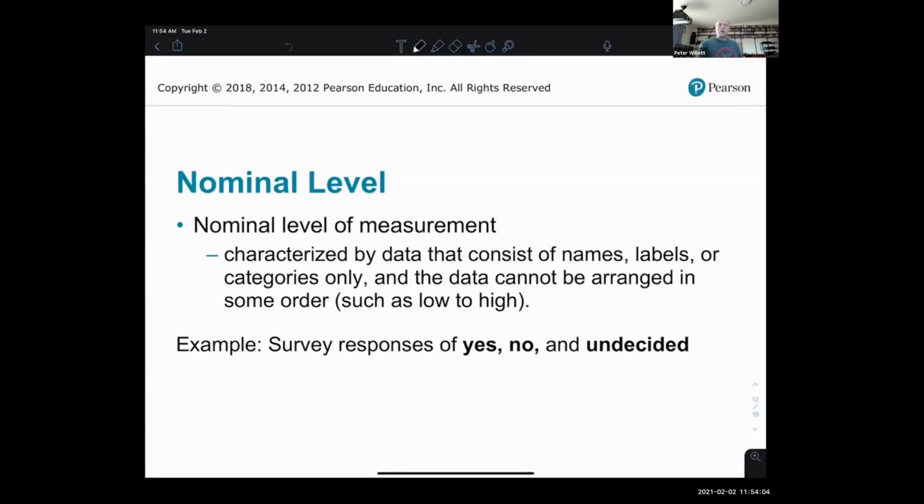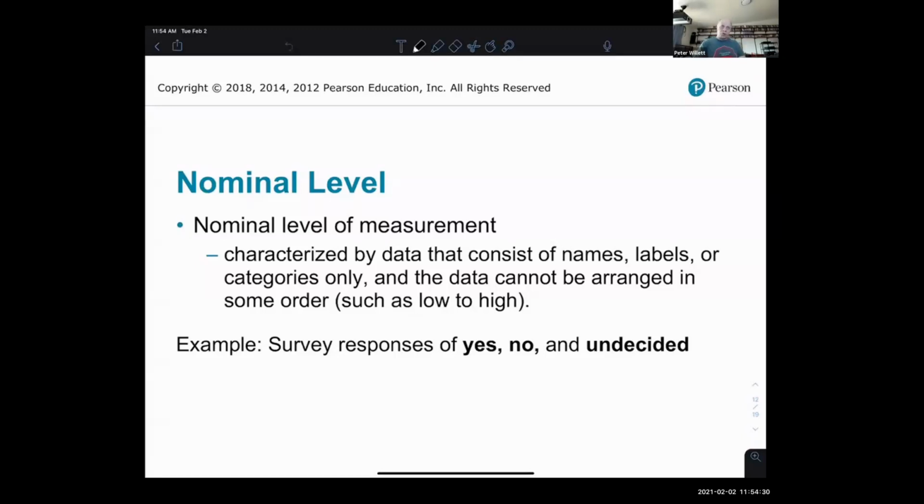Nominal level of measurement is characterized by data that consists of names, labels, or categories only. Categorical data is the word we used before, or qualitative data, so nominal is another way to say that. However, specifically, it's that kind of data that cannot be arranged in some order as low to high.